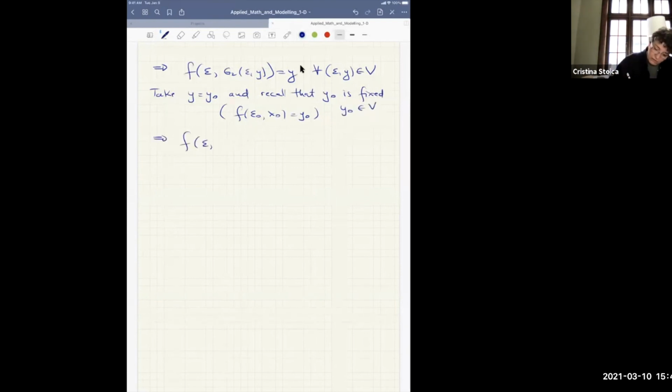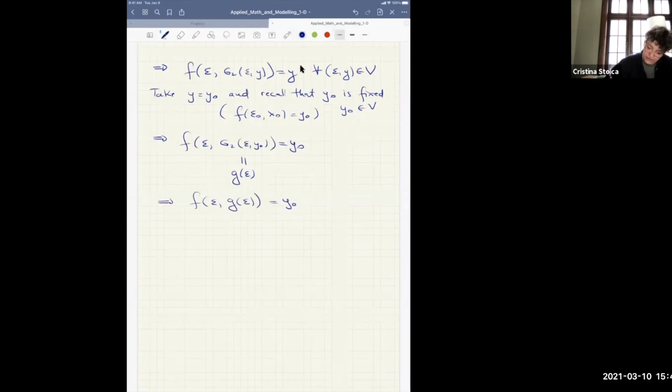Okay, so here it is. Now let's baptize this as G of epsilon, because y naught is fixed. So we end up with f in epsilon, G of epsilon equals y naught.